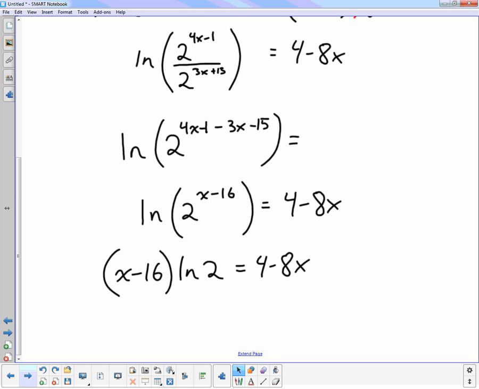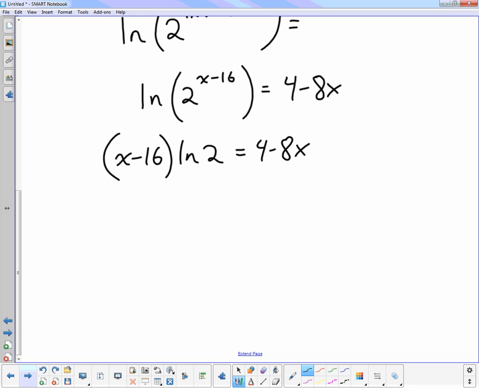Distributing the natural log of 2. So we're dividing 4 minus 8x by both. Guys, this is algebra. We shouldn't be having problems at this stage.